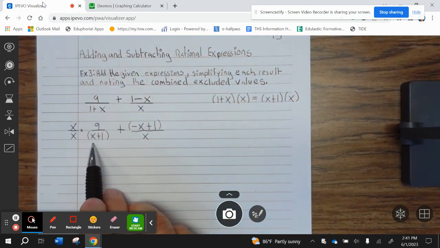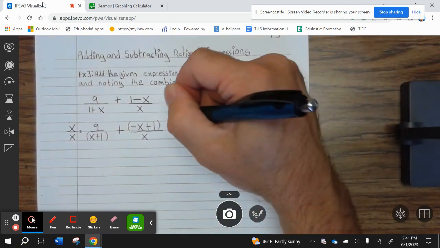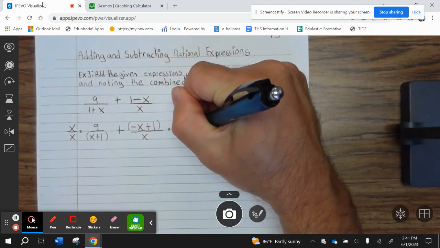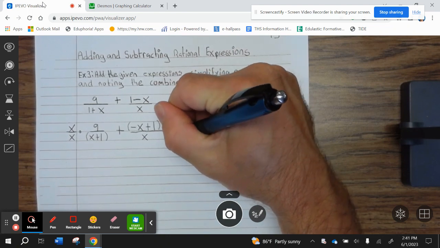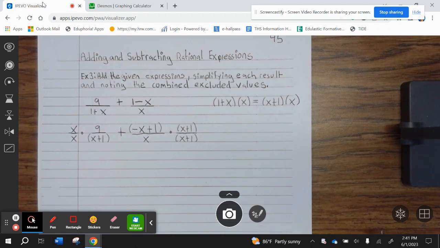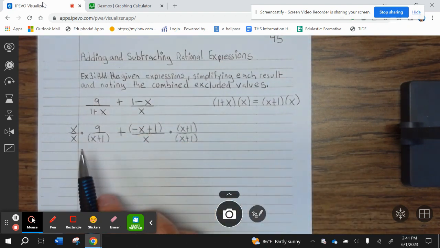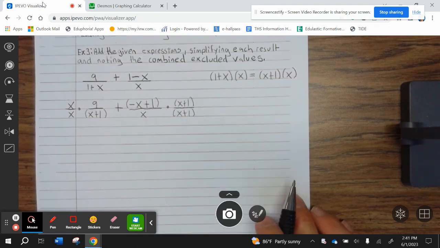And I need to multiply this by x plus 1 divided by x plus 1. Now they have the same common denominator. I can do that because anything divided by itself is 1, so I haven't changed this, I'm just manipulating it.